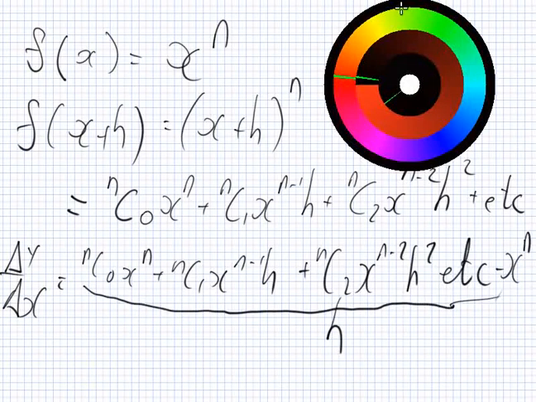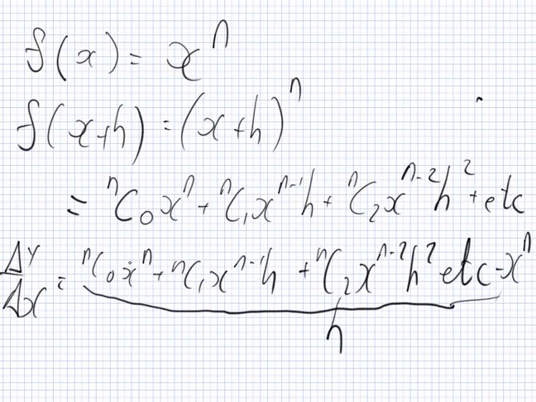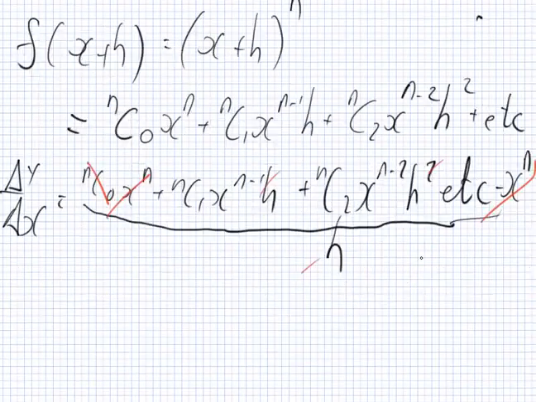Now, if you look here, notice what happens. nC0, what's that? Well, what's the first one in the triangle? It's always 1, isn't it? So that's gone. And then x^n minus x^n, that's gone. And then divide everything by h. So h divided by h, it's gone. h squared divided by h, h. So after cancelling and simplifying, you'd be left with this.